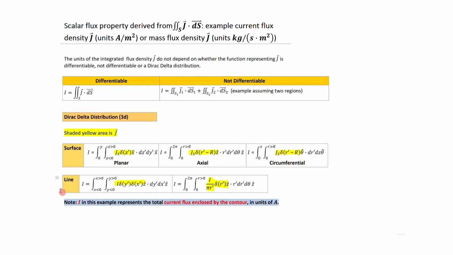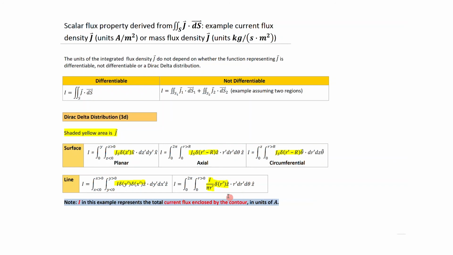All right, for a line, the total current enclosed, if it's Cartesian, would be I times delta y delta x, assuming the current filament is along the z-axis. It's in the z-hat direction, so the area vector points in the same direction, which is z-hat. Alternatively, we could have written this in cylindrical coordinates.